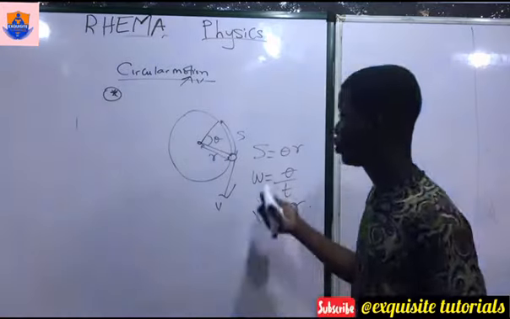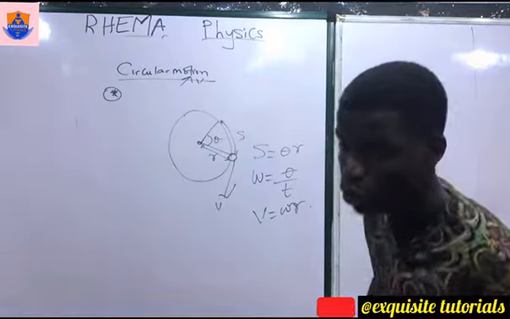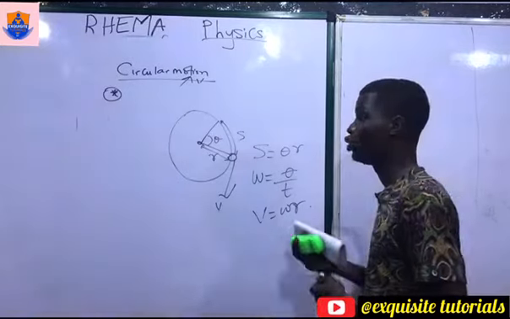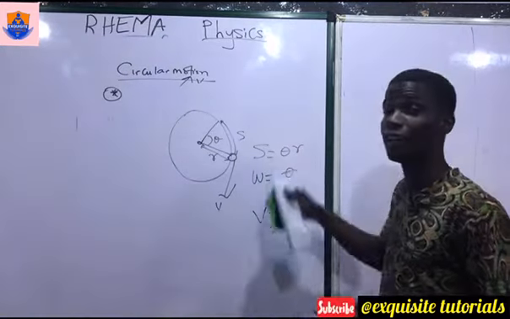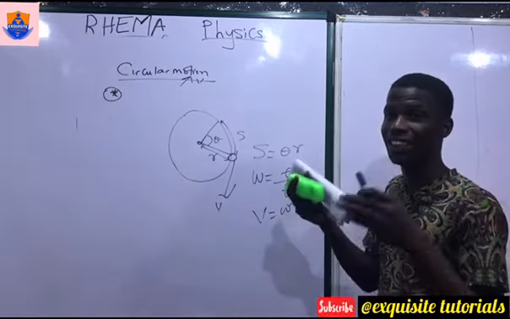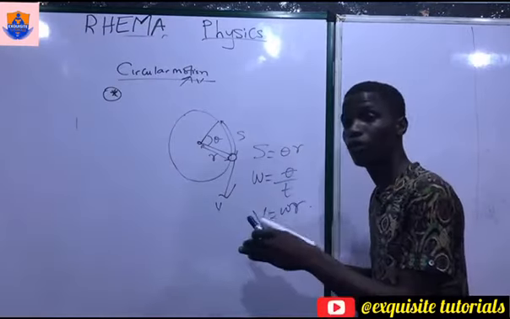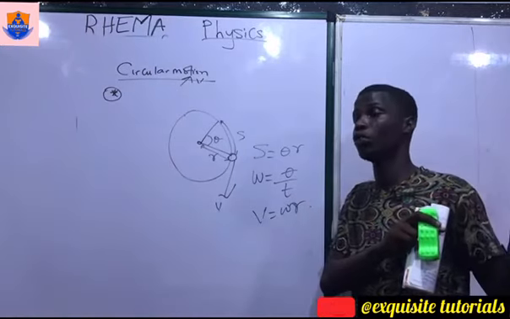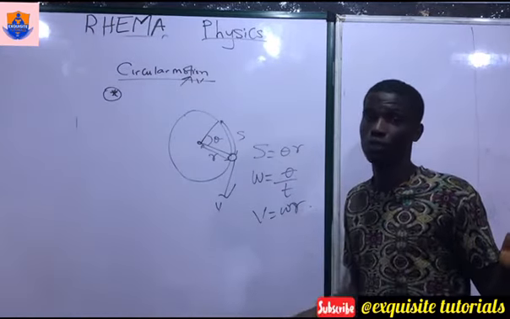In this kind of case, you are expected to use your quantities or values in circular motion. You are going to use the equivalent of every single value you use in linear motion to solve.